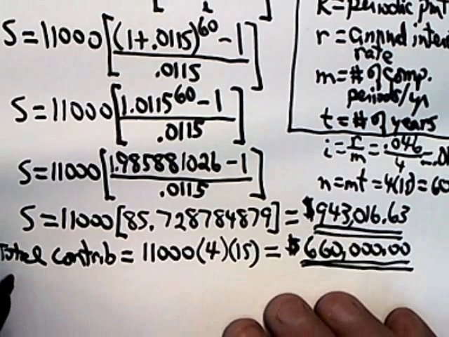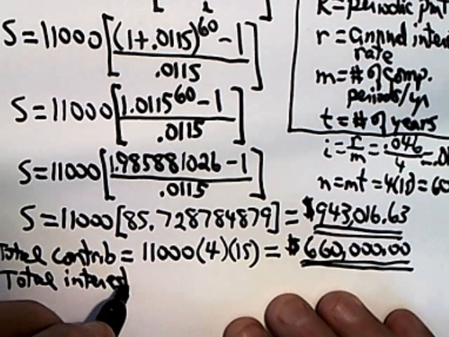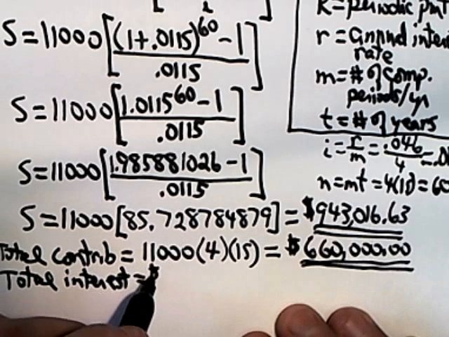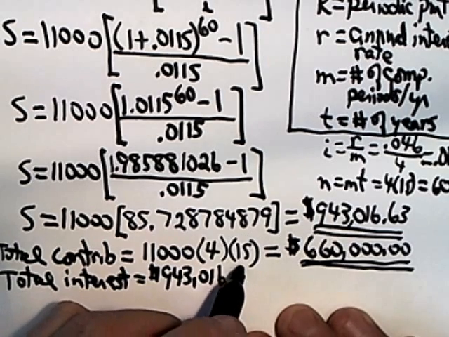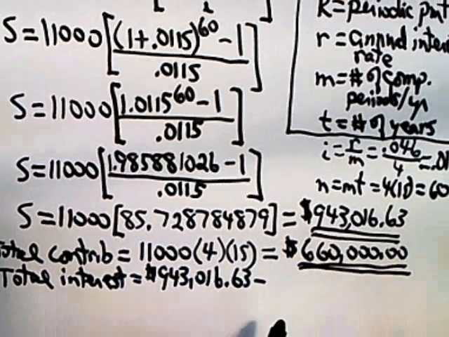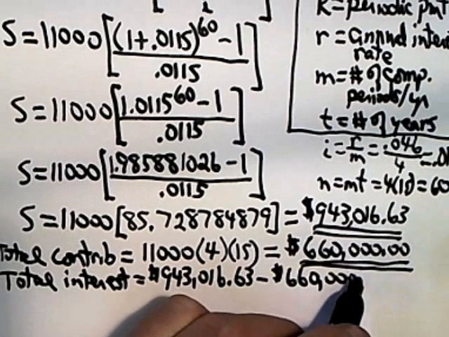And the final question was the total interest. That's again easy because the total interest is simply the difference between the future value, which is $943,016.63, and the amount of the contributions, which are $660,000.